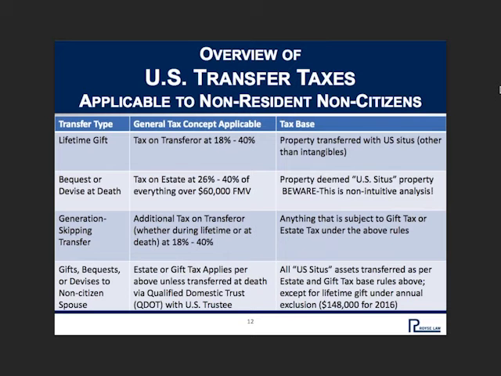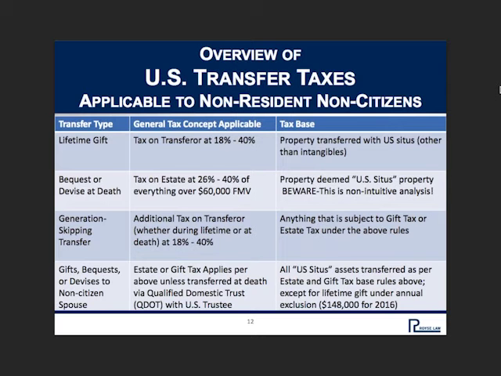And so what we have here on this slide is just an overview of U.S. transfer taxes as they apply to non-resident non-citizens. And what I'd like to highlight for you here is that there are really four key components. Number one is gift tax.